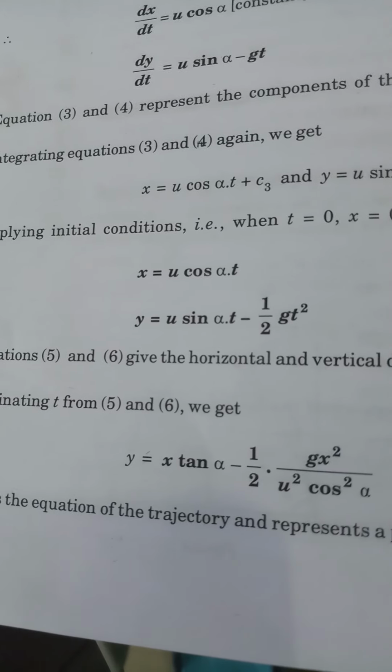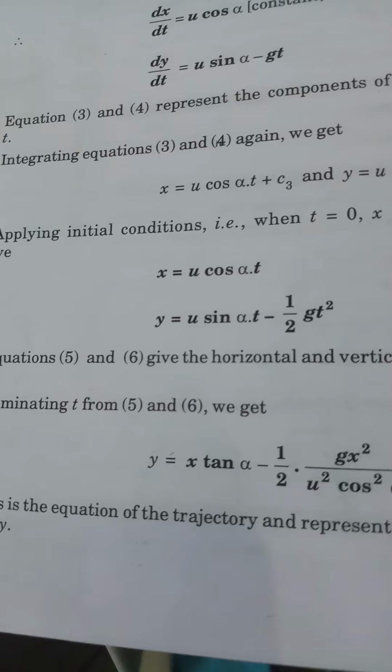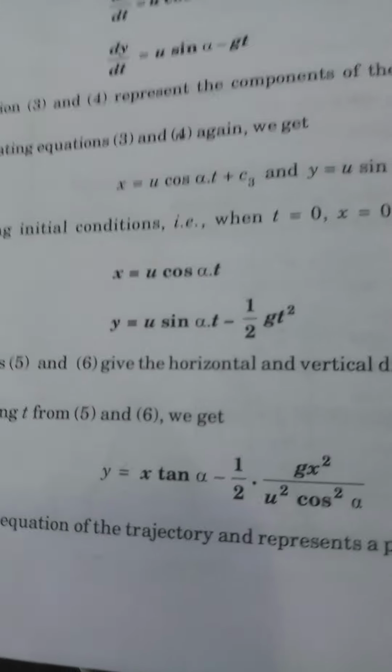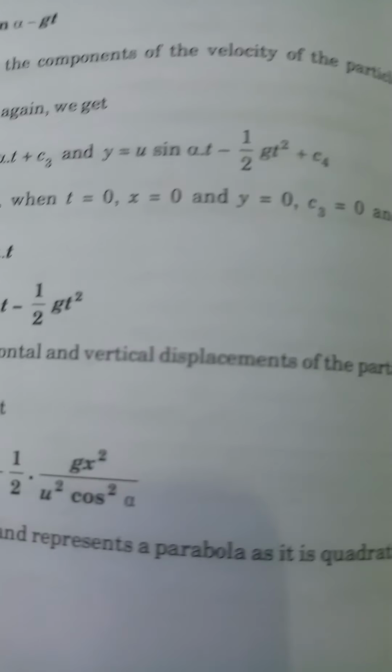Therefore x equals u cos alpha into t, and y equals u sin alpha into t minus half gt square. These are equations 5 and 6.